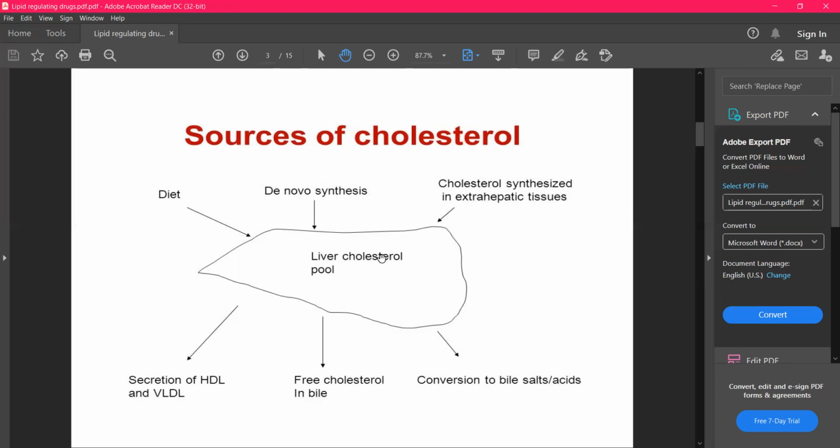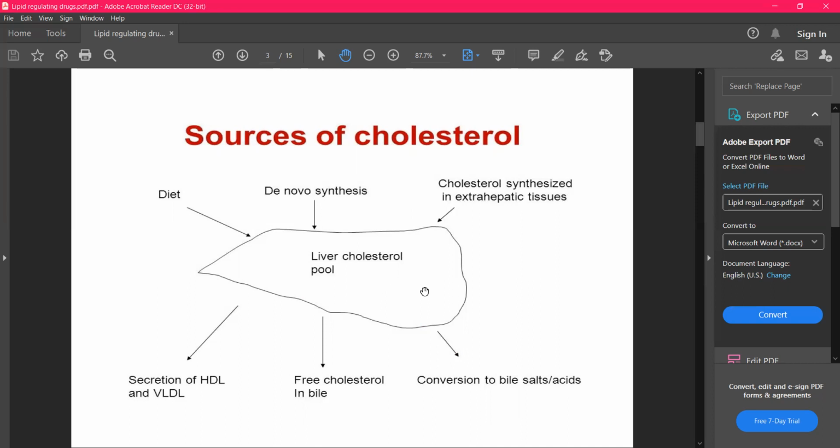What the liver does is it can either increase this process, and diet is of course related to the individual person. So there can either be increased de novo synthesis of cholesterol, or else it can increase the LDL uptake, like what we learned in statins.